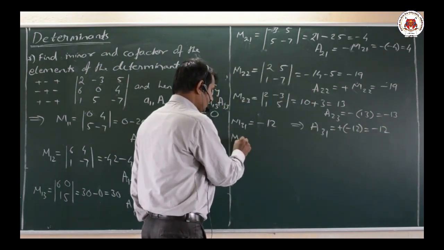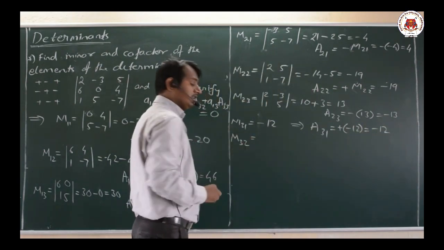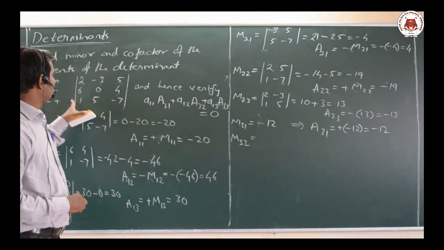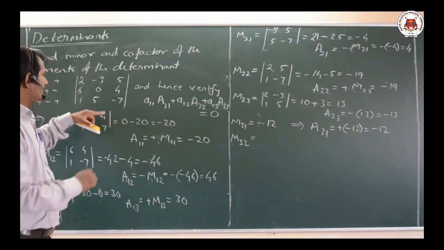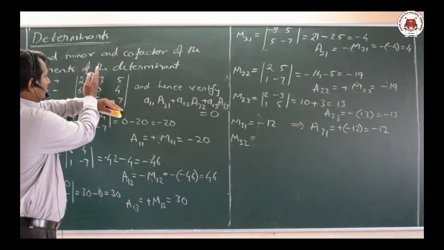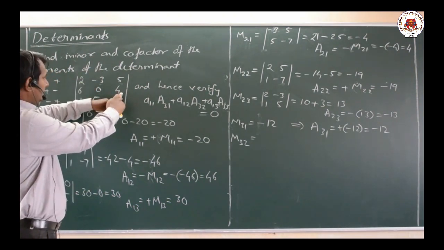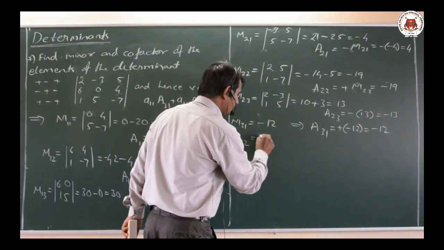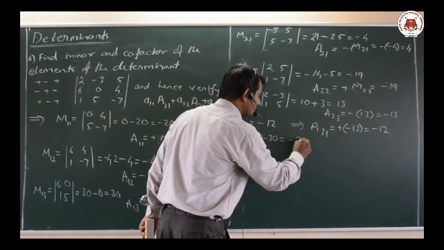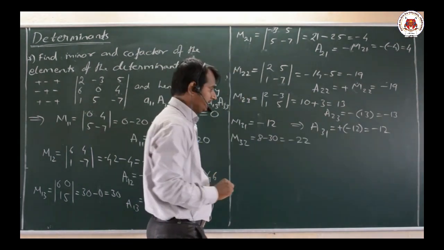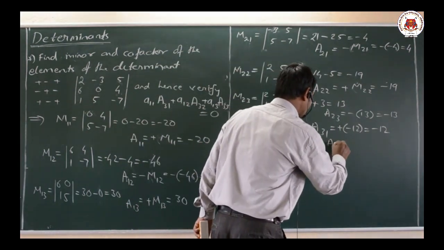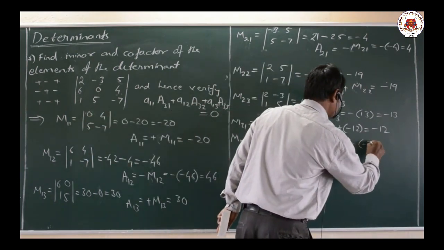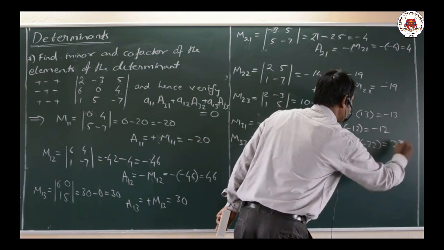Similarly M32, that means minor of 5 here. Leaving this row and column, 2 into 4, 8, 8 minus 30, the value will be minus 22. And hence its cofactor A32 is pre-multiplied by minus sign. Minus of minus 22 value will be 22.